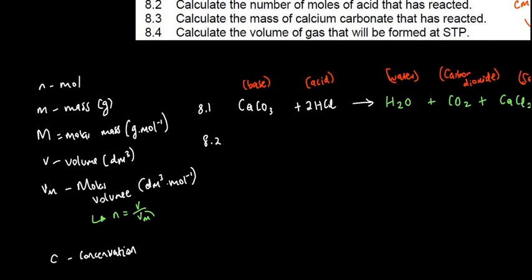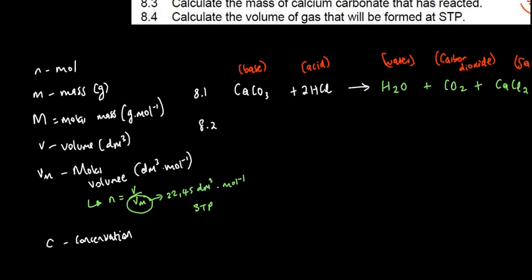Remember that this is the molar volume there, and it's given as 22.4 decimeter cubed per mole. Is it used for gases or liquids? It's used for gases at STP.